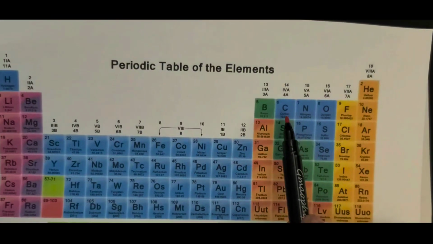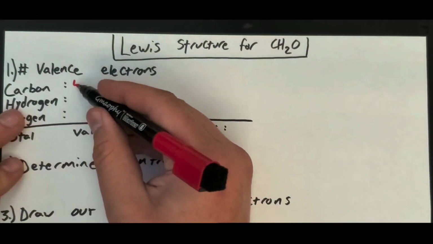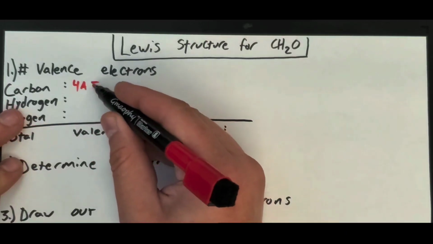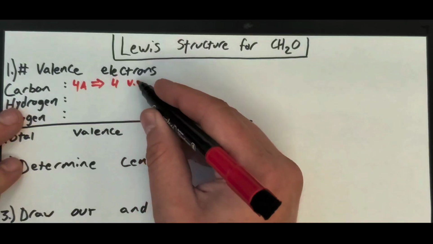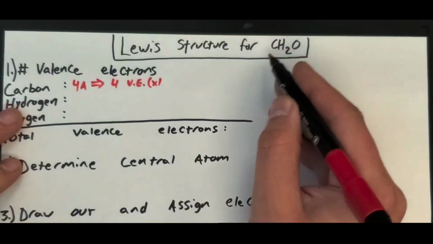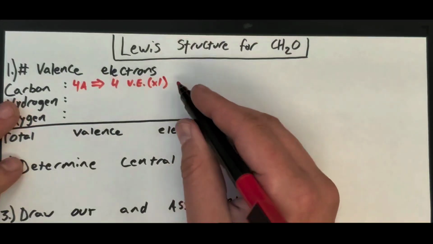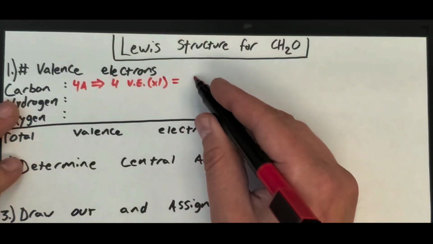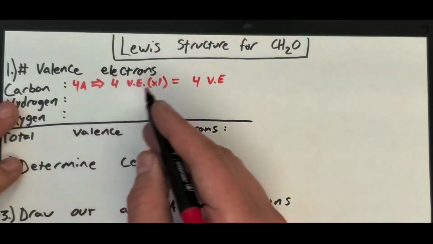We have carbon, which is a row 4A element, which implies that it will be bringing over 4 valence electrons. There's only one carbon in our chemical equation, so it will contribute a total of 4 valence electrons.